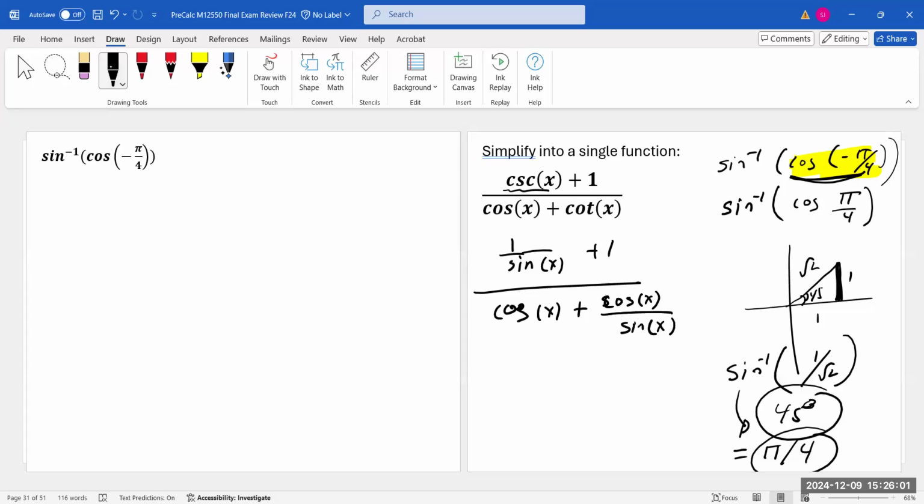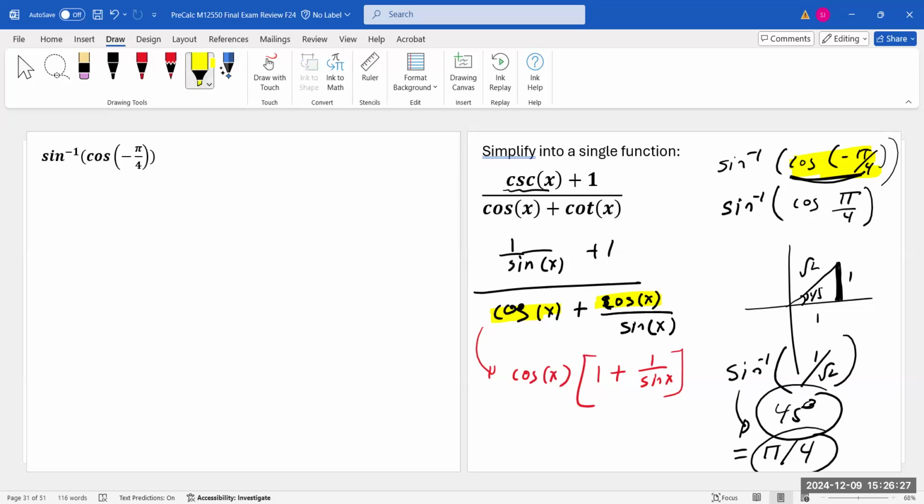Okay. Now we see on the denominator, we have cosine in both terms. We can actually pull out cosine x from the denominator. If you pull it out, we get 1 plus 1/sine x. Look at the numerator. It's the same thing, 1 plus 1/sine x.